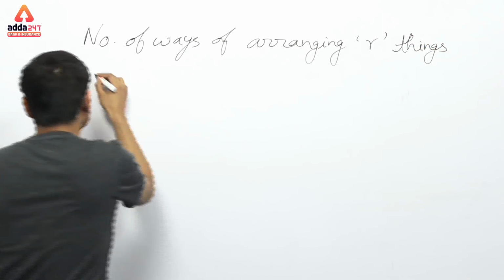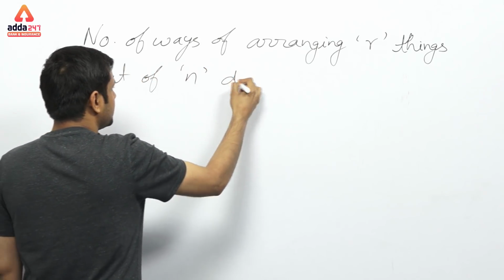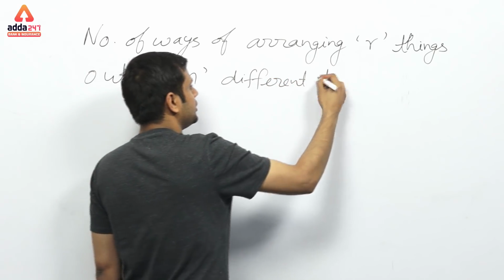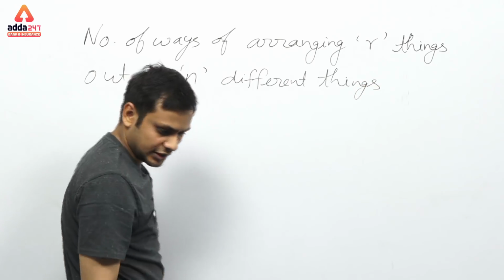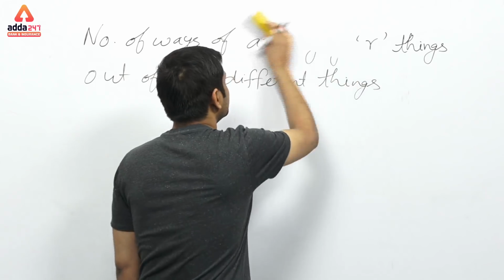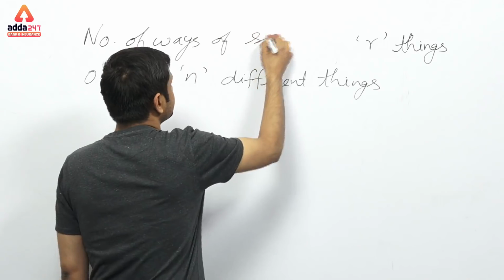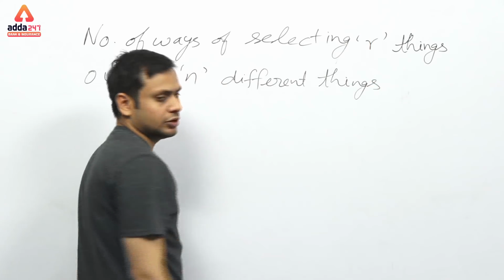Out of n distinct things or n different things. The number of ways of arranging R things out of n different things. Not arranging, I'll start with selecting. The number of ways of selecting R things out of n different things.